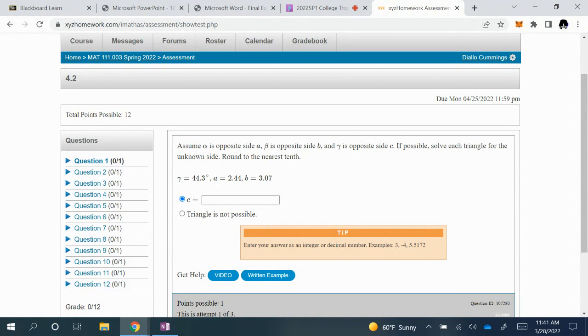We're given that angle gamma is 43, side length A is 2.44, and B is 3.07.